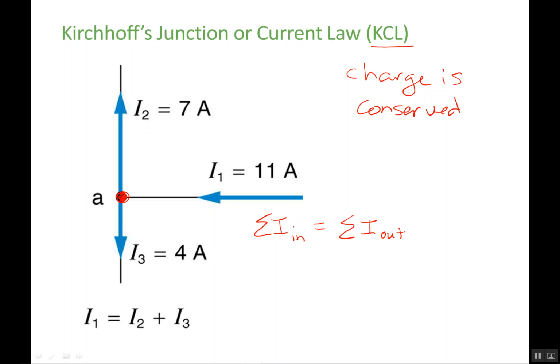So for this particular example right here, we see I1 is flowing into this junction. So that must be equal to the sum of I2 and I3, which flow out of that junction.